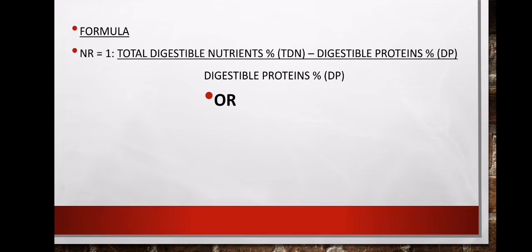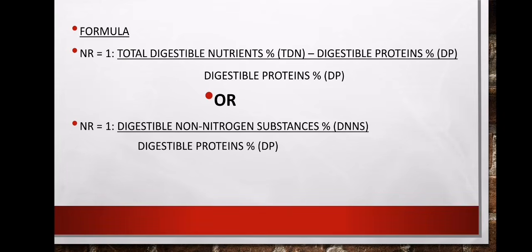Then you have the second formula. The second formula says NR is equal to 1 is to digestible non-nitrogen substances, DNNS, divided by DP. So once you say DNNS, you just divide by DP.